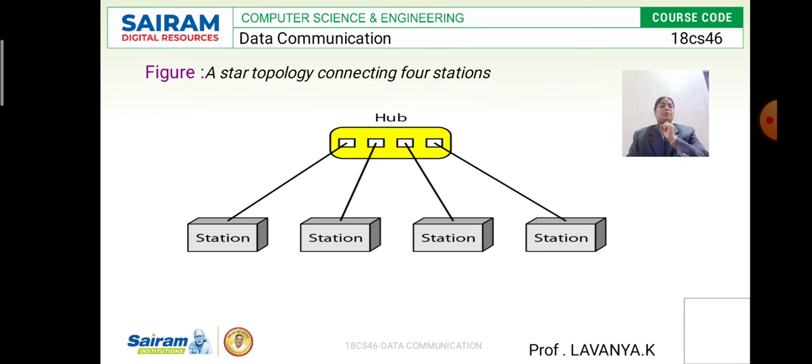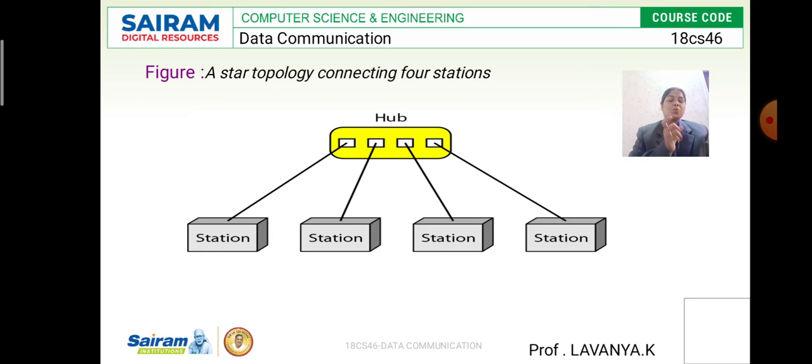Also, if one device fails or is unable to do transactions in the hub, it won't affect the other stations. The remaining stations can make transactions as usual. So this is the advantage of the star topology.